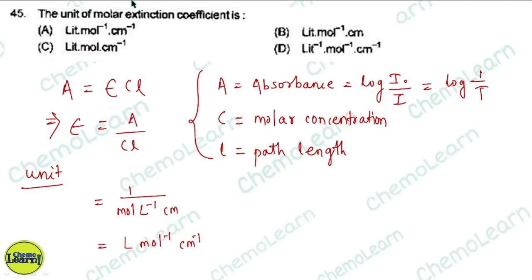Epsilon is our molar extinction coefficient, C is molar concentration, and L is path length. We have to calculate the unit of epsilon. So the unit of A will be 1 because absorbance is unitless, concentration is mole per liter, and path length is centimeter. So it will be liter per mole per centimeter.